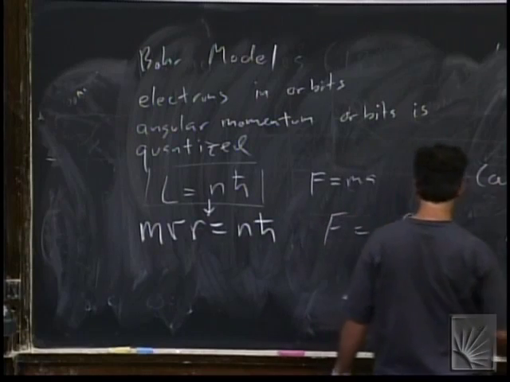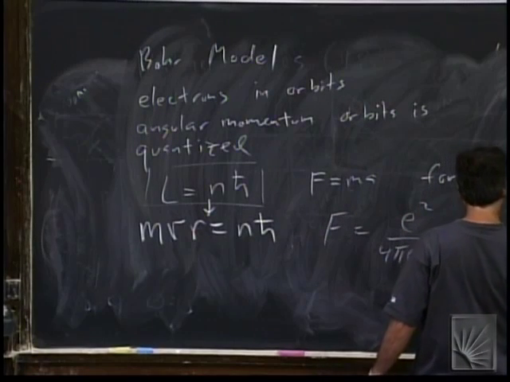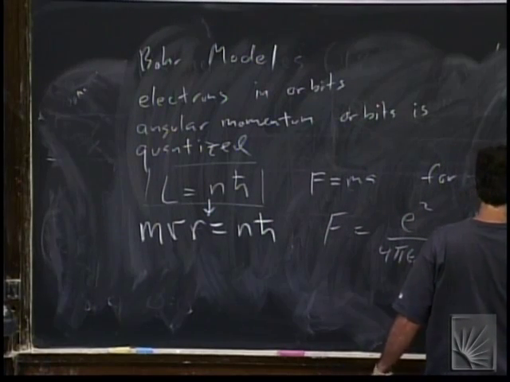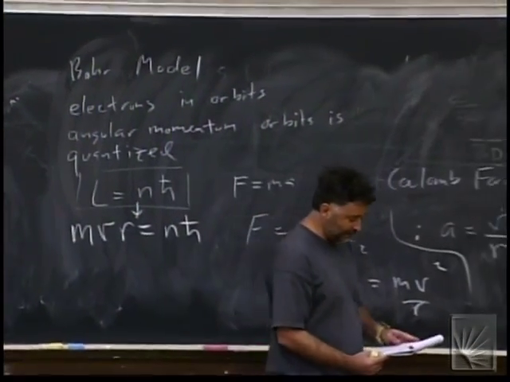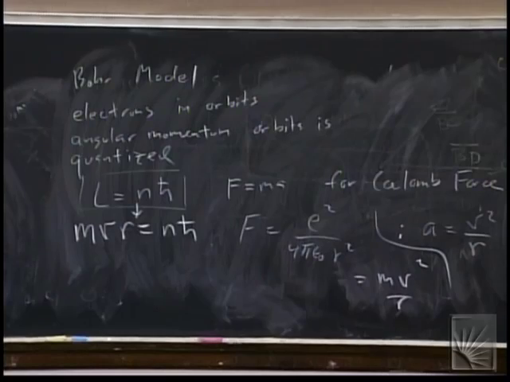So you basically have e squared over 4 pi epsilon naught equal to mv squared over r. You take that, you feed it in there, and you get out two things.